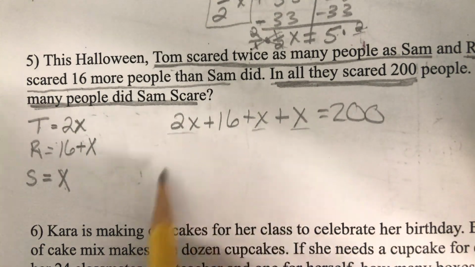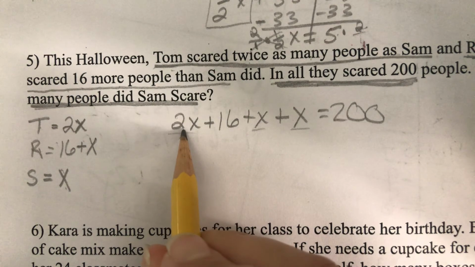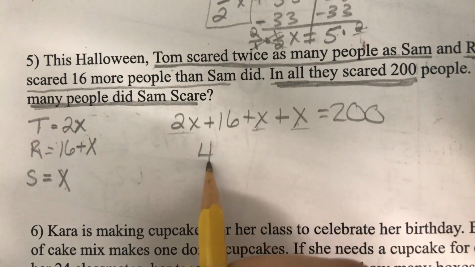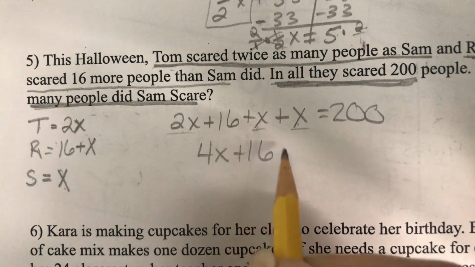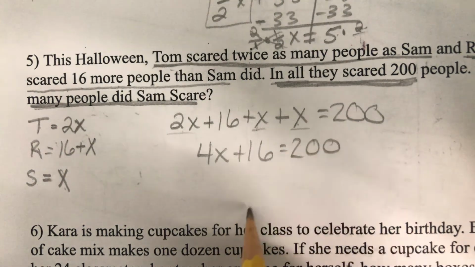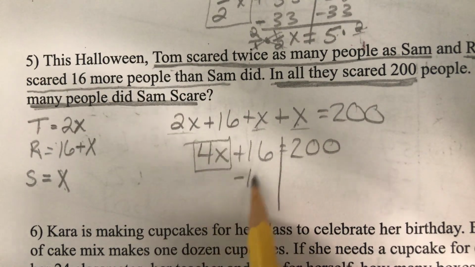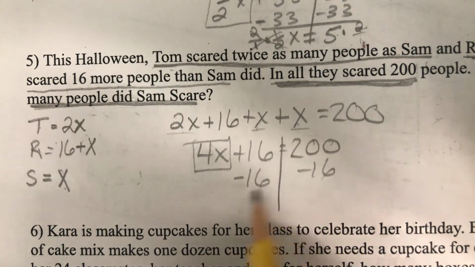Combine like terms, so that's all your x's. We've got 2, remember invisible ones, 3, 4, plus 16 equals 200. Now there's that 2-step. Subtract 16 from both sides.